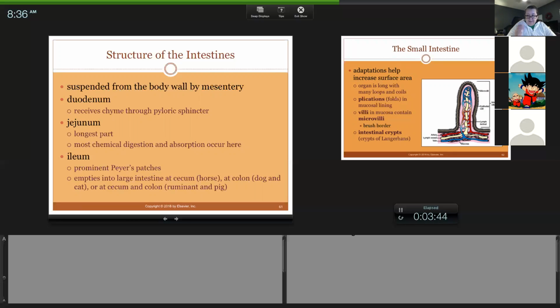And the cecum is actually where horses, because they're hindgut fermenters, ferment their grain. Cows use the rumen, horses use the cecum, okay? Now, if it's a dog or a cat or a person, the ileum is going to open directly to the colon. It goes ileum, colon.